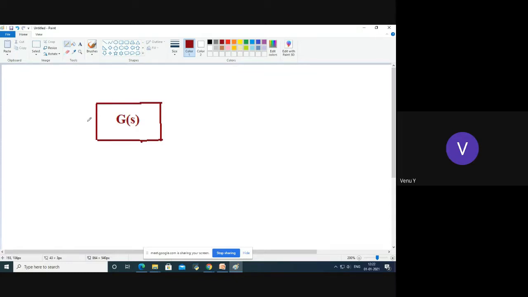Let us take a second order system model or first order system, whatever. So here this is the input, and we have some output, and here you can have some summer here.